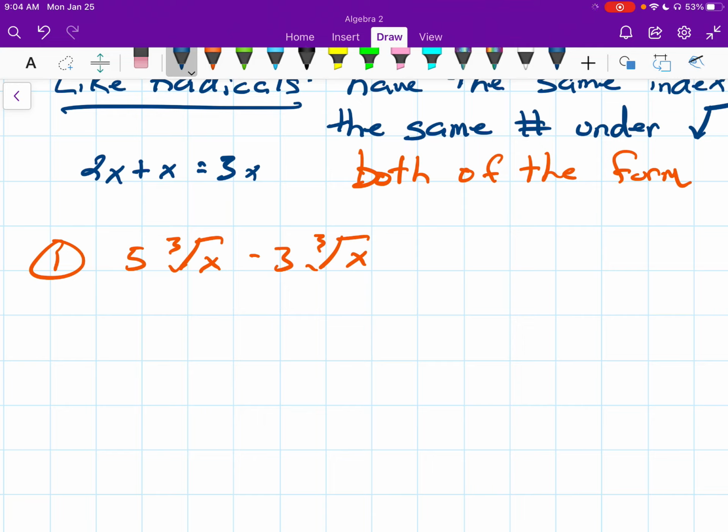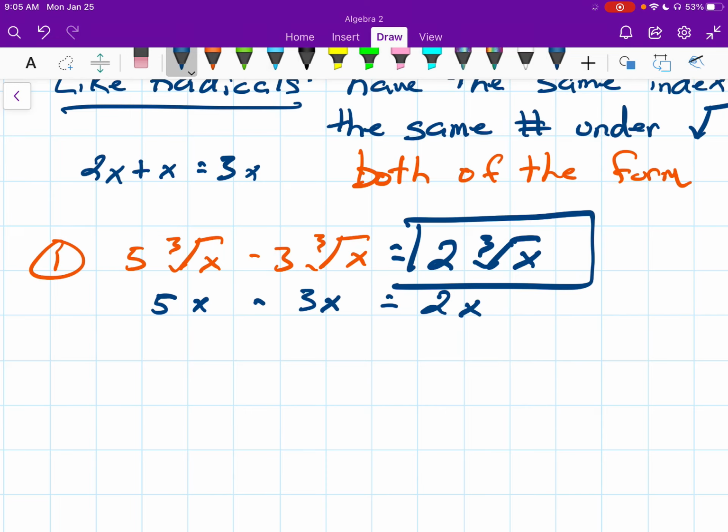Well, think about this as if it was just 5x minus 3x. Well, 5x minus 3x would give us 2x. But what we're dealing with here is the cubed root of x, so this is going to be 2 cubed root of x. All right, hopefully that's not too crazy.